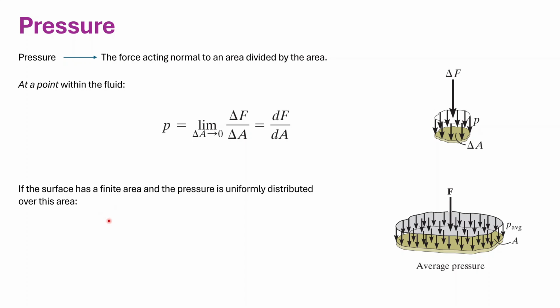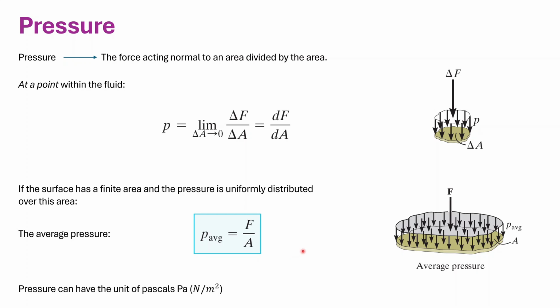And if the surface has a finite area and the pressure is uniformly distributed over the area, then the average pressure, which we can show by P sub AVG, equals F divided by A. And pressure can have the units of pascals in SI units, which is newtons divided by meters squared.